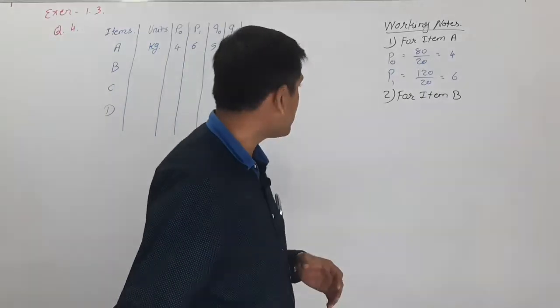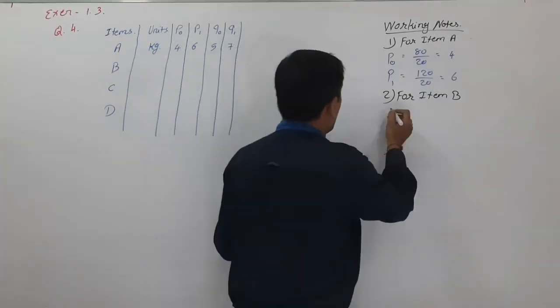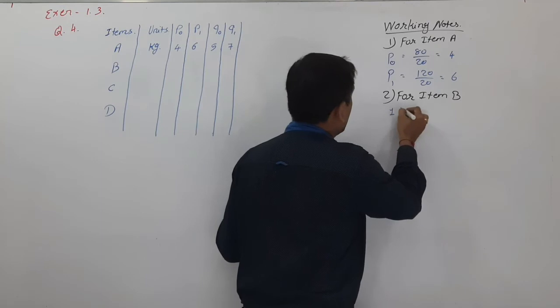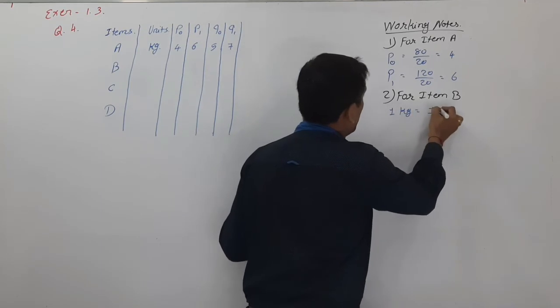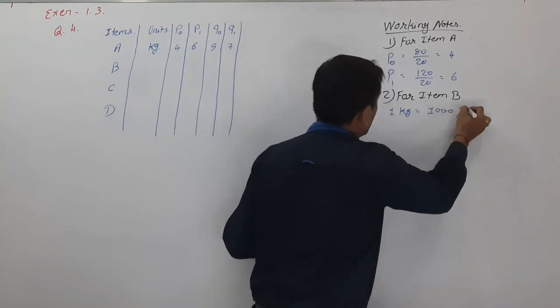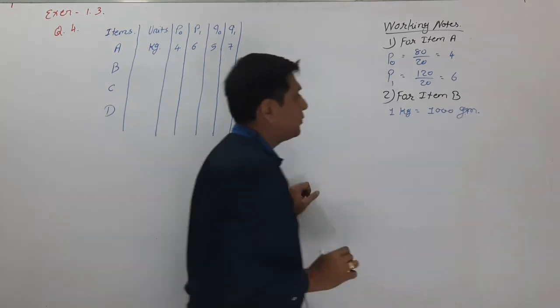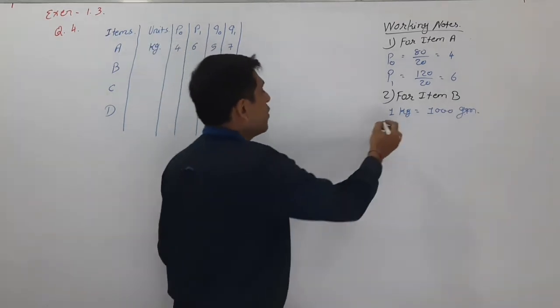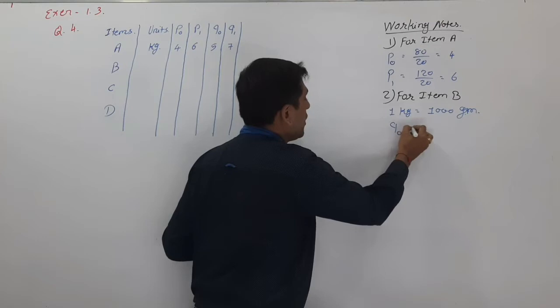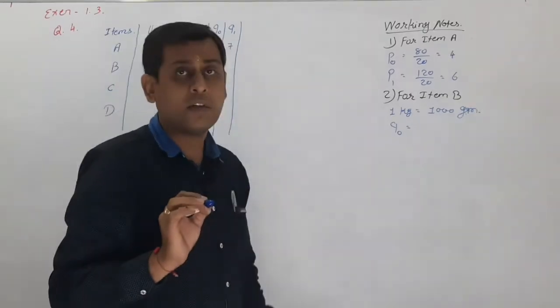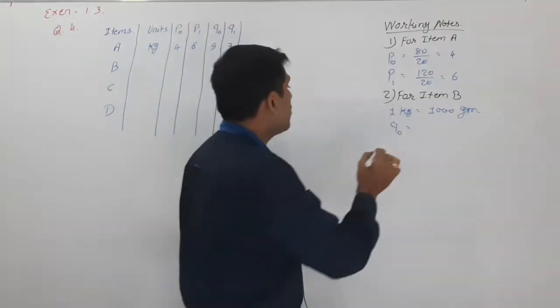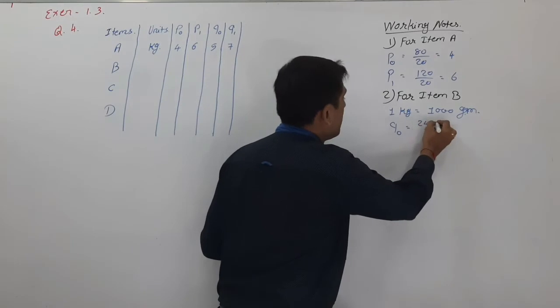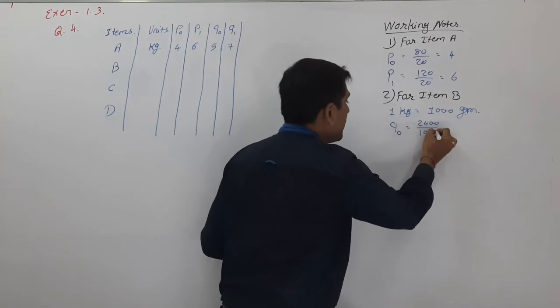See, 1 kg is equal to 1000 gram, right? Now here we have to convert the quantity because the quantity is in the thousands. 2400 is the quantity of the base year, divided by 1000.